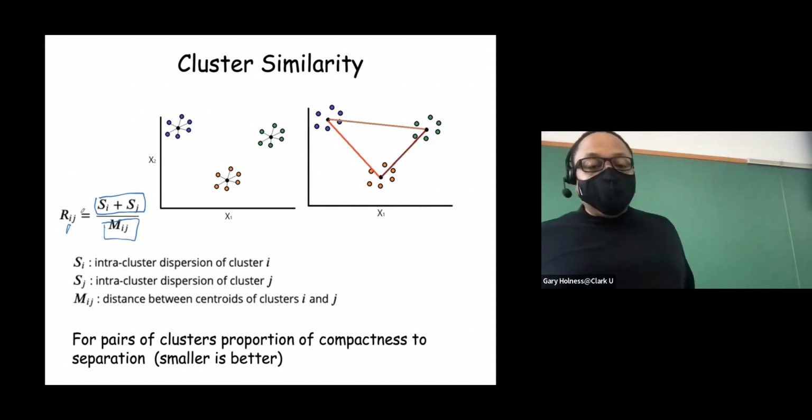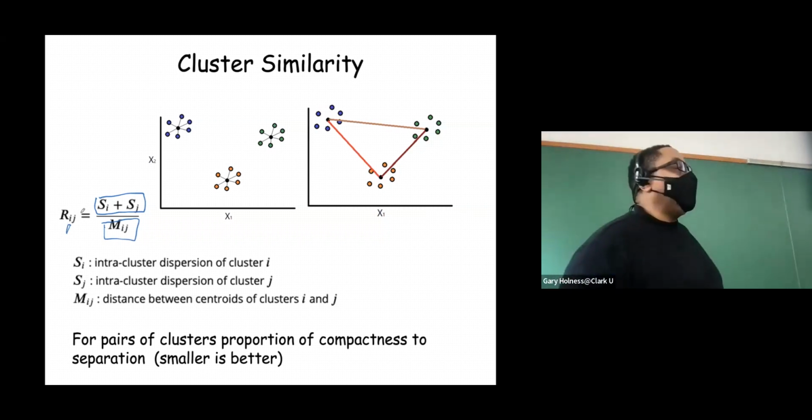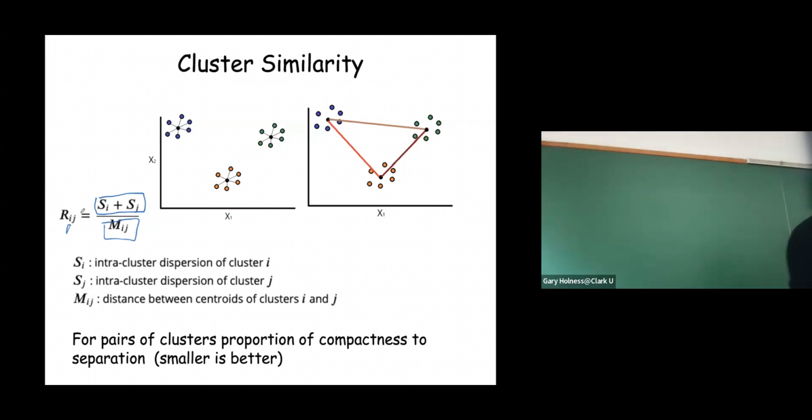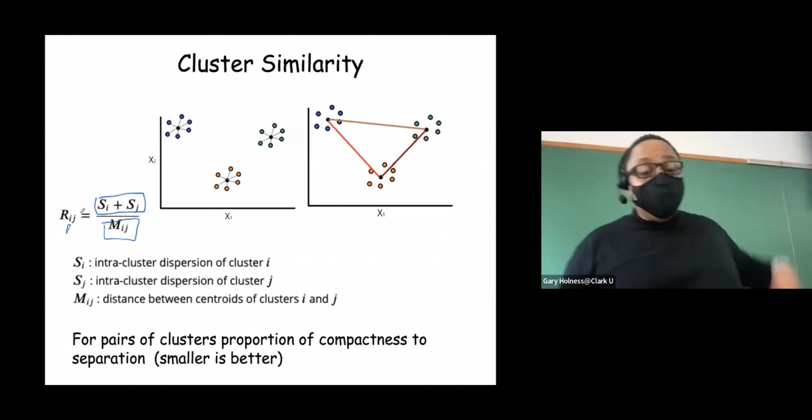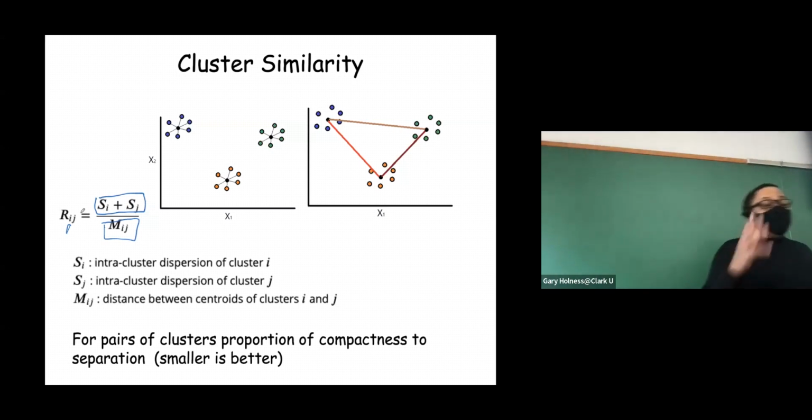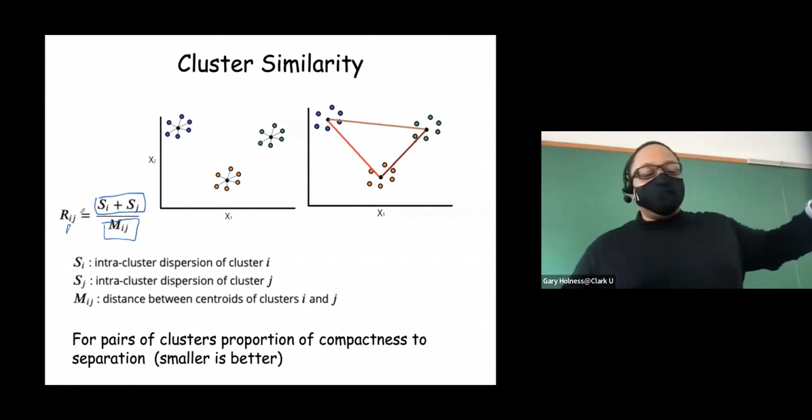So now we have this ratio, and if the compactness is very small, the numerator is going to be very small, and therefore this quantity is going to be smaller. If the dispersion is really large, the denominator is going to be large, and this Rij quantity is going to be smaller. And so we want the 2 together: very compact and very dispersed.